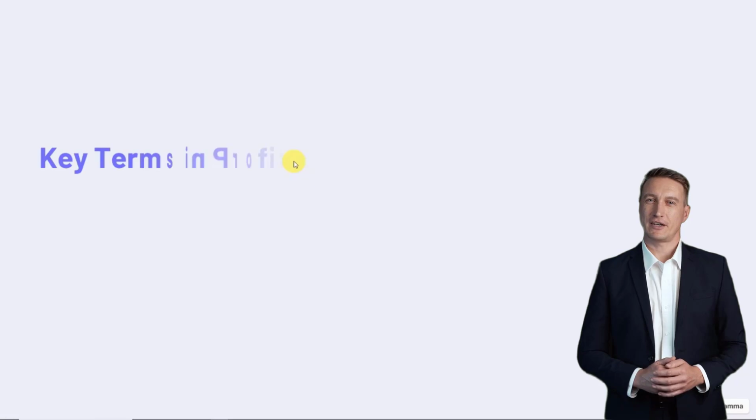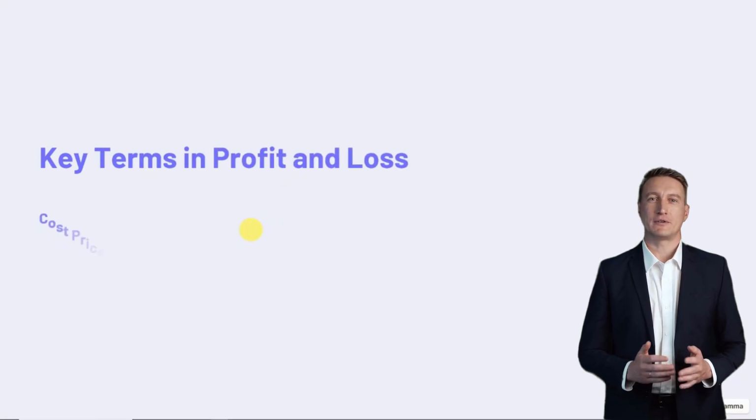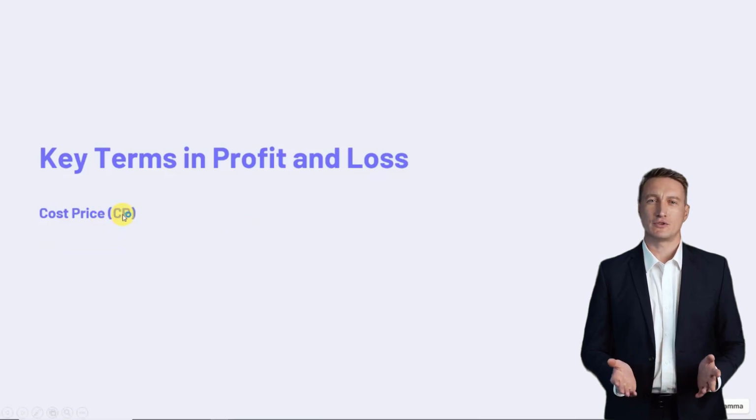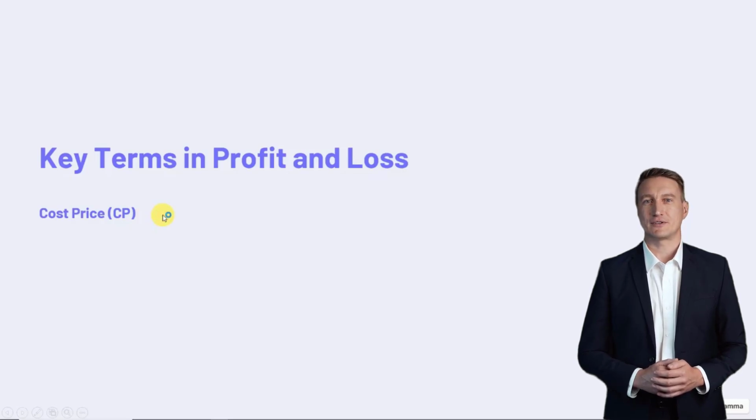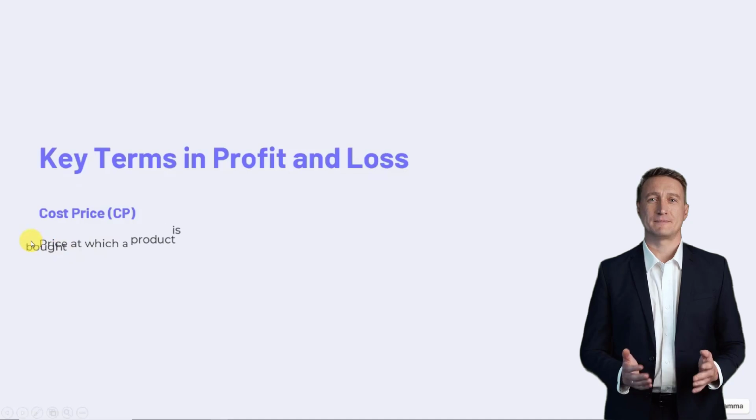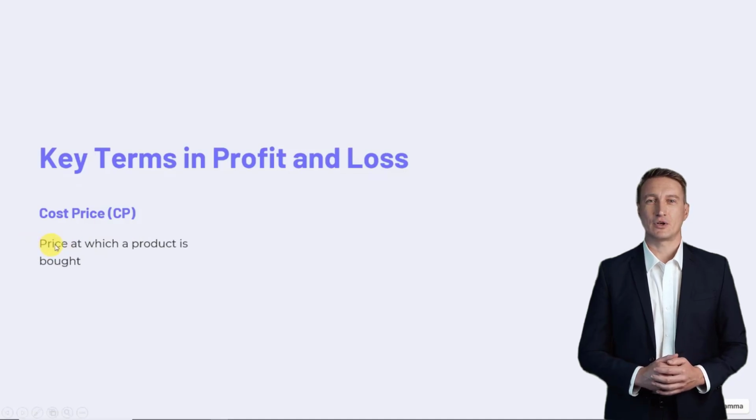Let's have a look at the key terms in profit and loss. The very first one is our cost price, or CP, the abbreviation of cost price. The cost price is the price at which a product is bought.